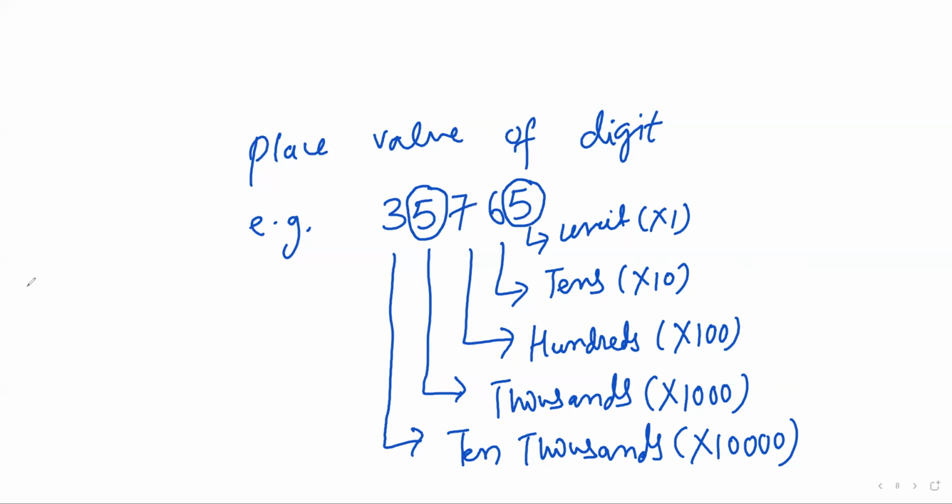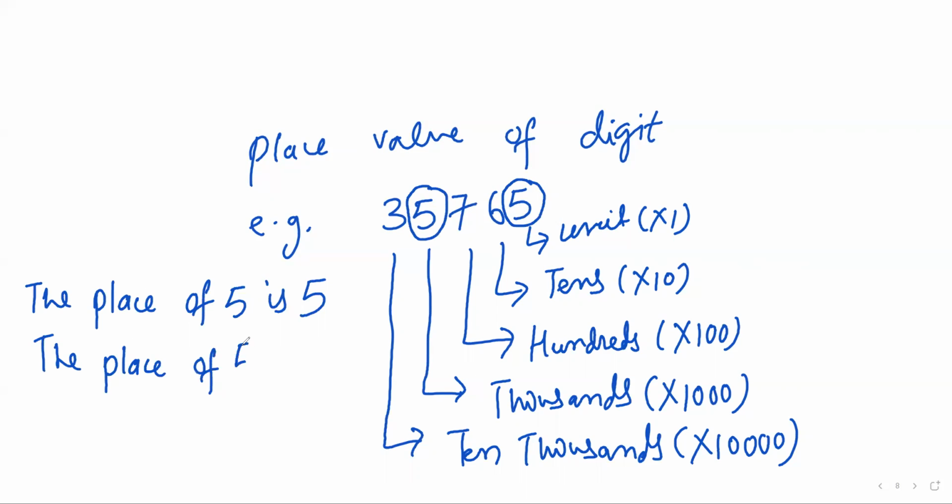Therefore the place value of 5 is 5 and the place value of the other 5 is 5000. The first is for the last digit and 5000 is for the second 5.